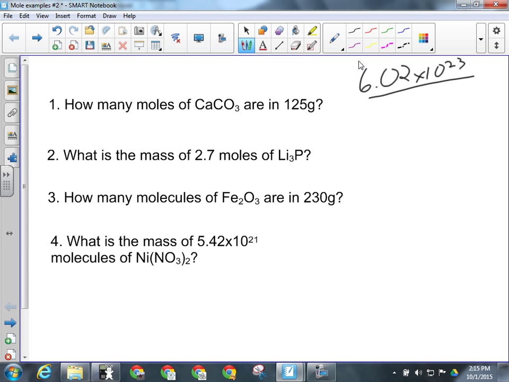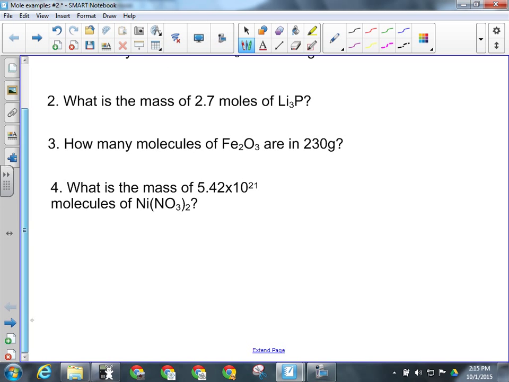Okay, next thing we got to remember, the mole equation itself. N equals little m over big M. What does N stand for? Number of moles. What does little m stand for? Okay, mass in grams.